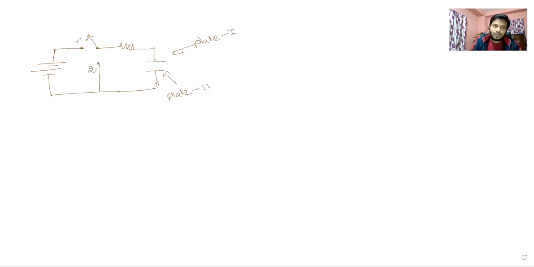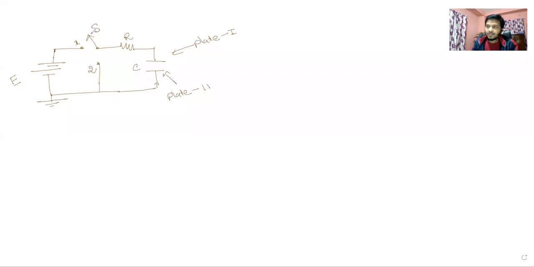This was position 2 and this was position 1. Can you recall the circuit? The capacitance of this capacitor was C, and it was connected to the ground.